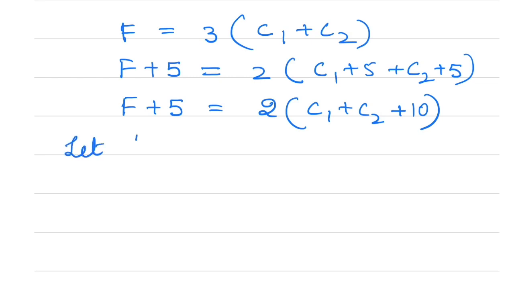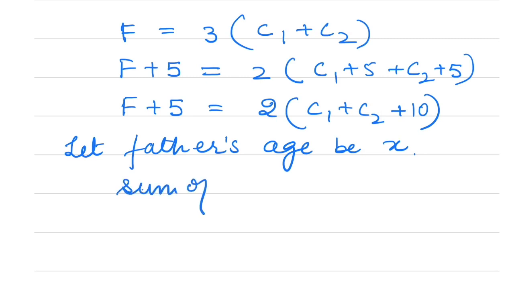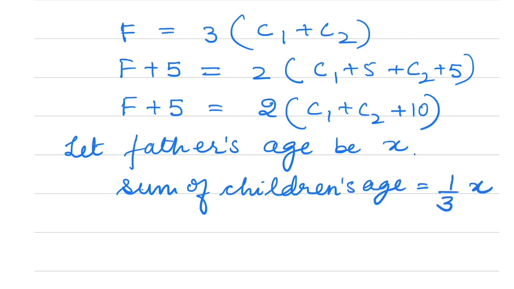So let father's age be X. And we are given that the sum of children's age is equal to 1/3 of father's age.